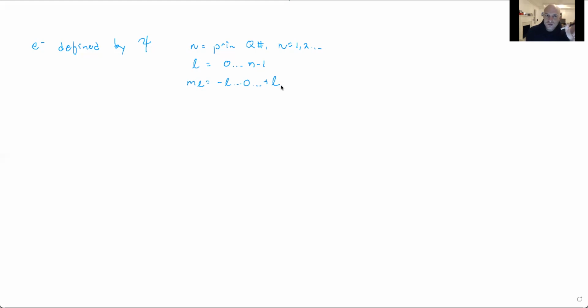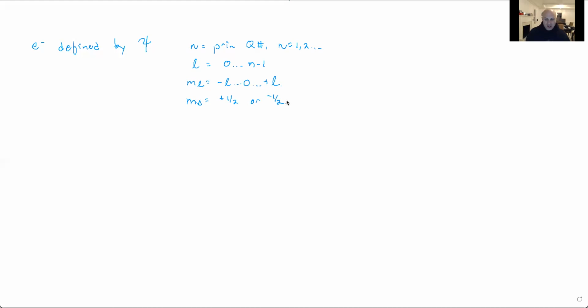There is a 4th term which we need to introduce, and fortunately, it's relatively straightforward. It's m sub s, or the spin, and for an electron, m sub s can take 2 values, plus 1/2 or minus 1/2.